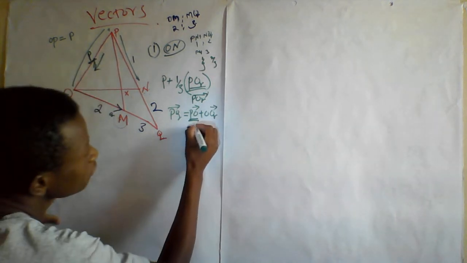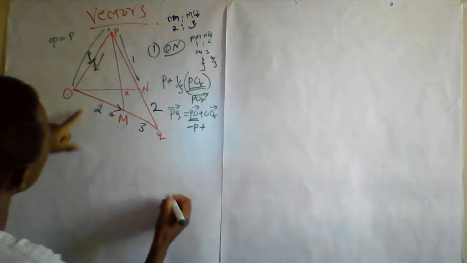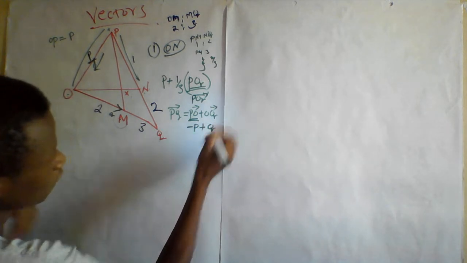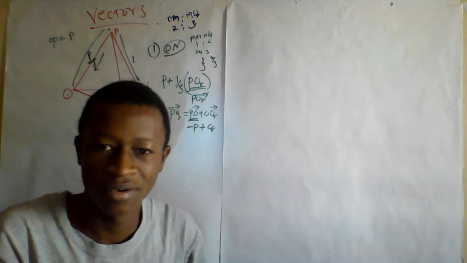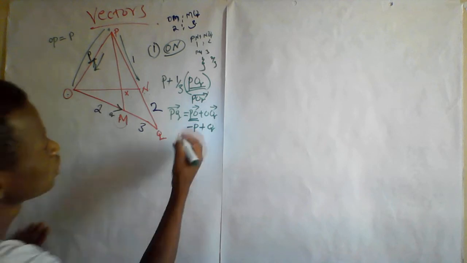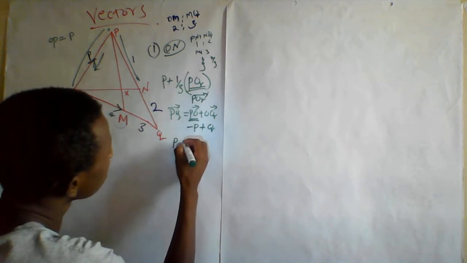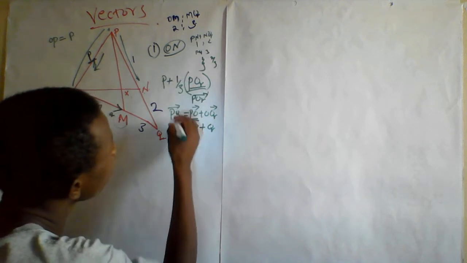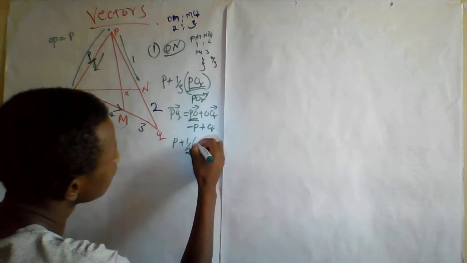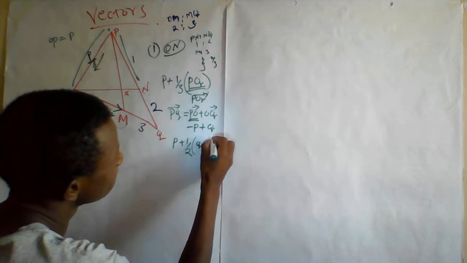So it becomes negative P plus OQ, which is very, very simple. So ON becomes P plus a third of PQ, which is Q minus P.